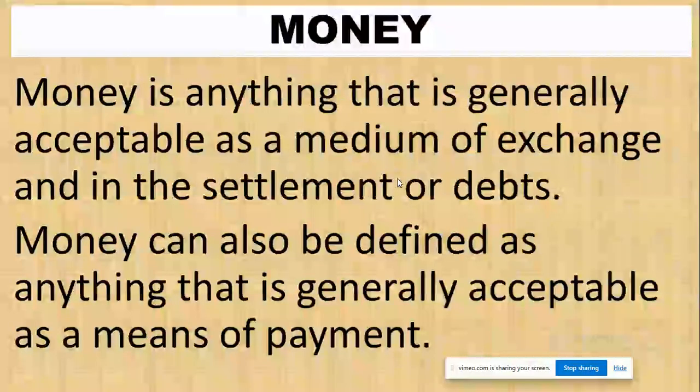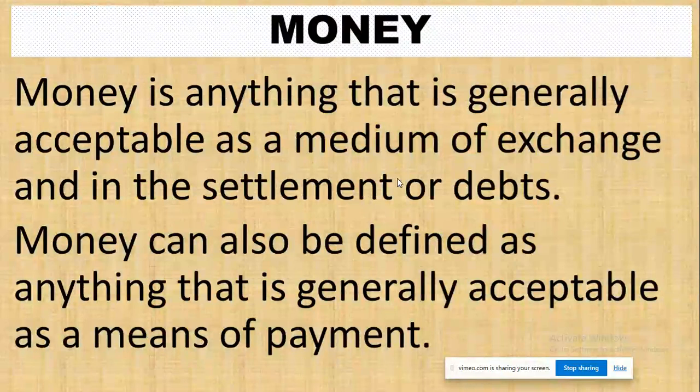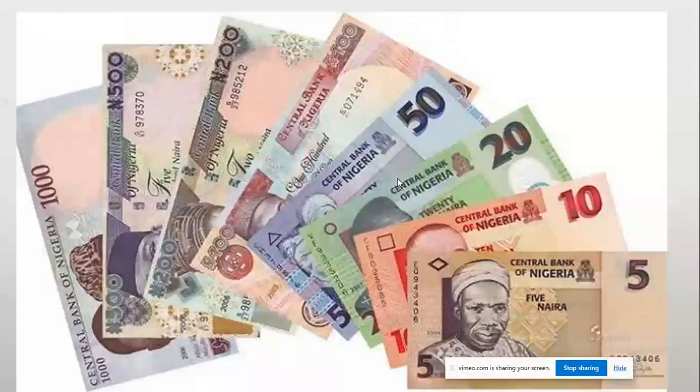Now, what is money? Money is anything that is generally acceptable as a medium of exchange and in the settlement of debts. We can also explain money as anything that is generally acceptable as a means of payment or as a means of transaction.